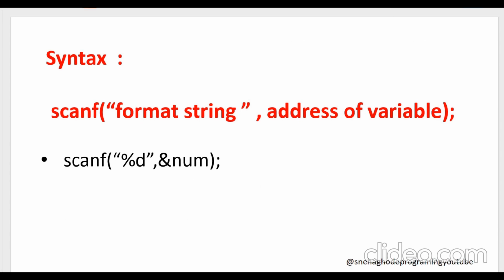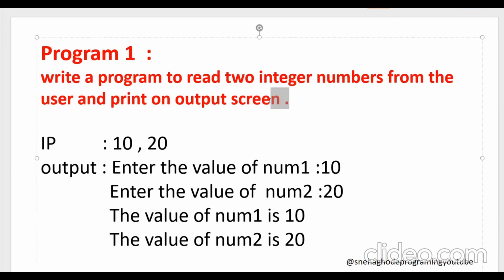Okay, then later let's have a look with a simple program. It will be more clear and understandable to you. So here let's consider, write a program to read two integer numbers. Here specifically mentioned two integer numbers are there.